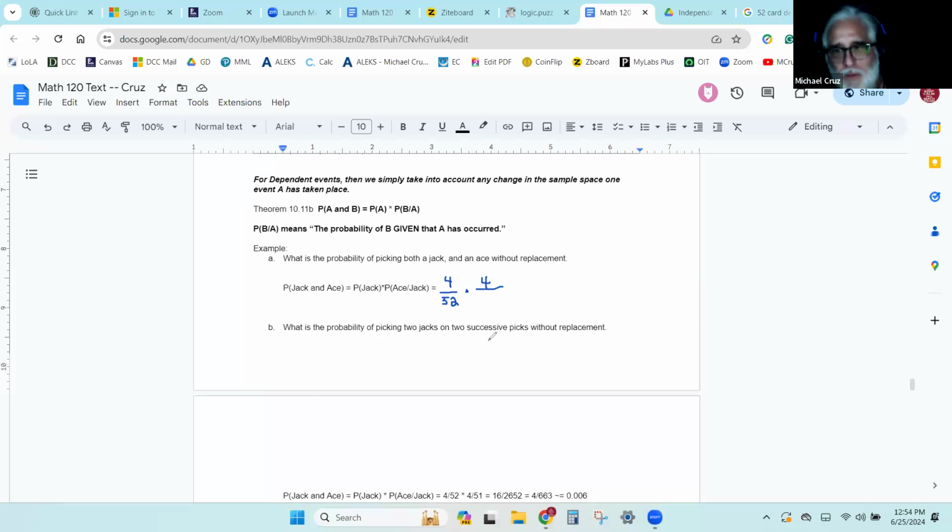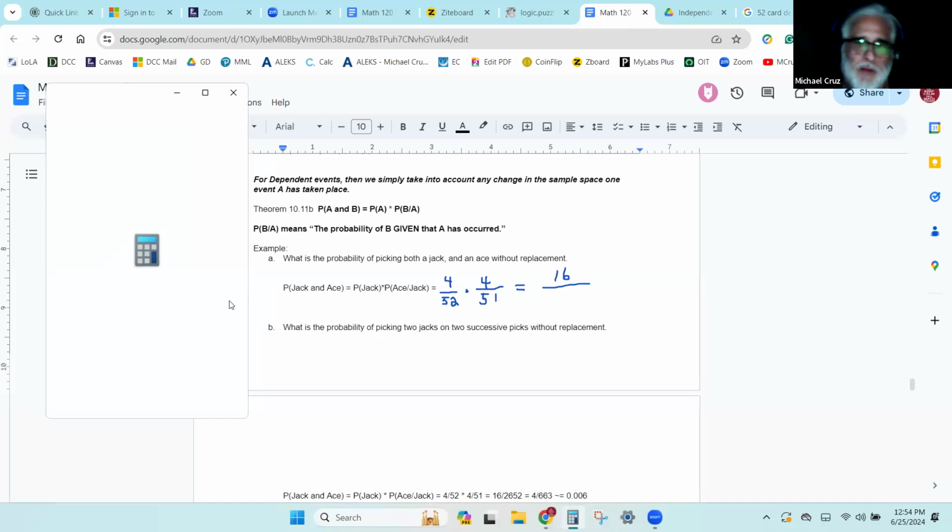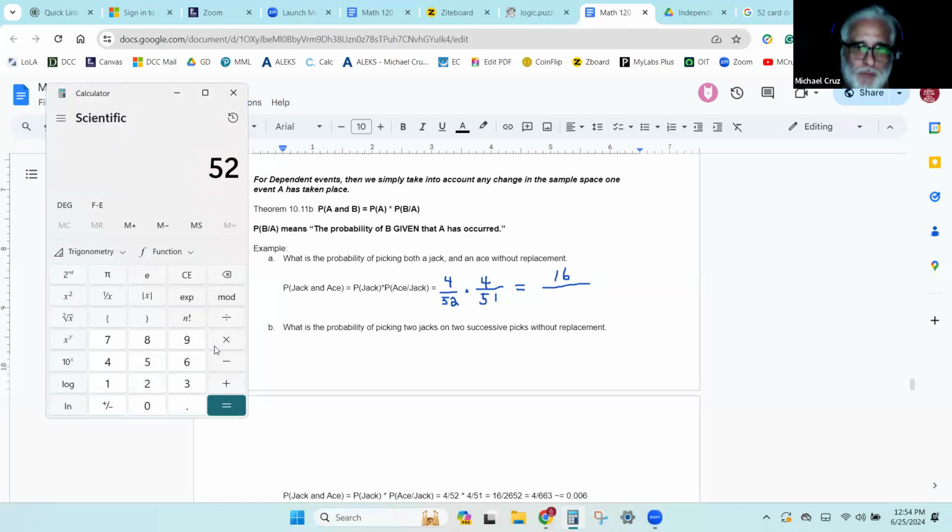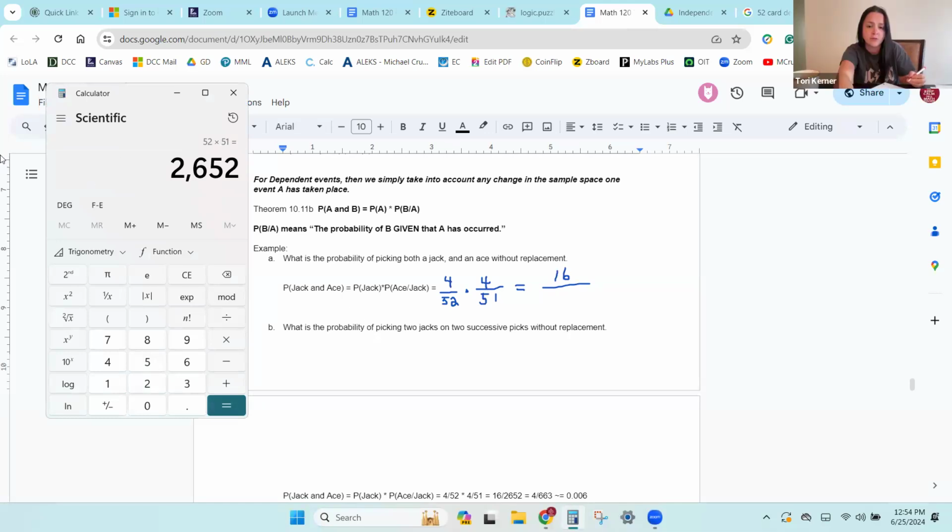There are only 51 cards. So 4 times 4 is 16, and then in the denominator, it's 52 times 51. So without replacement means you just take one away from the total.